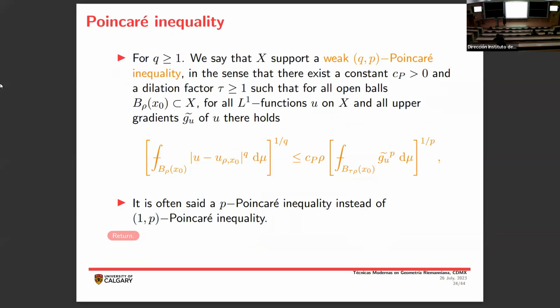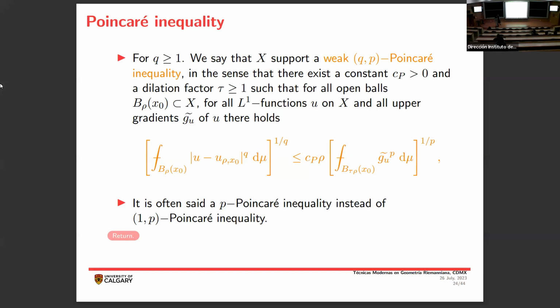Now, two things about this inequality. The first thing, just notice that here we're working with the ball, and then here we're working with the dilation. And the second thing is that this inequality gives us a connection between the upper gradient and the underlying measure. What this inequality is basically telling us is that if the upper gradient is small on average, then our function cannot oscillate too much.